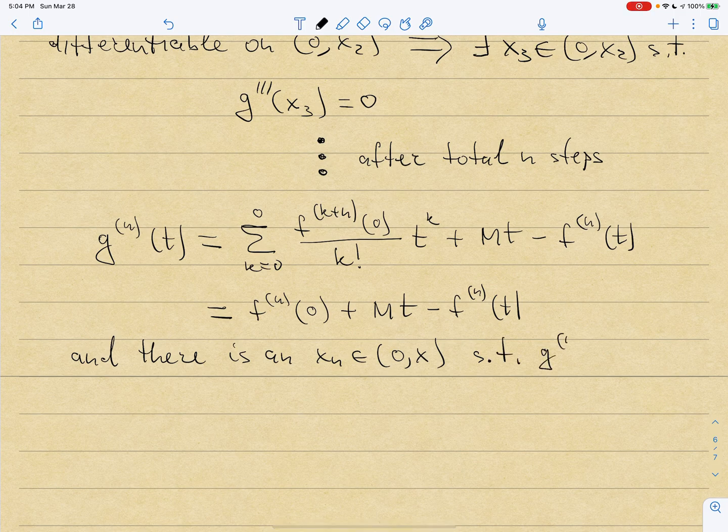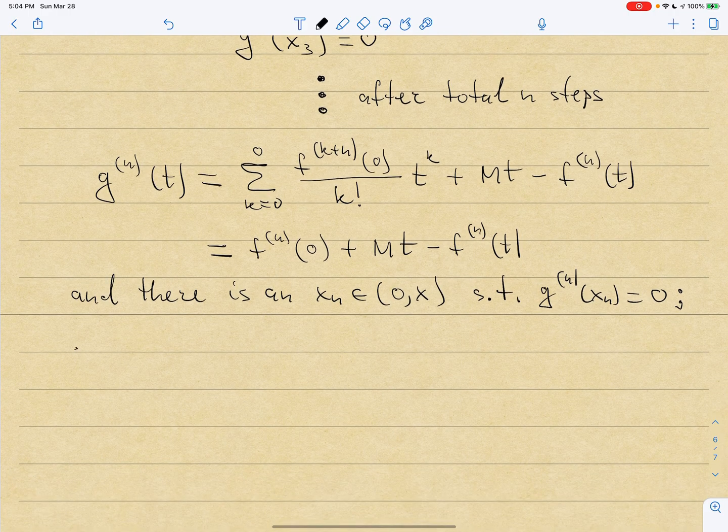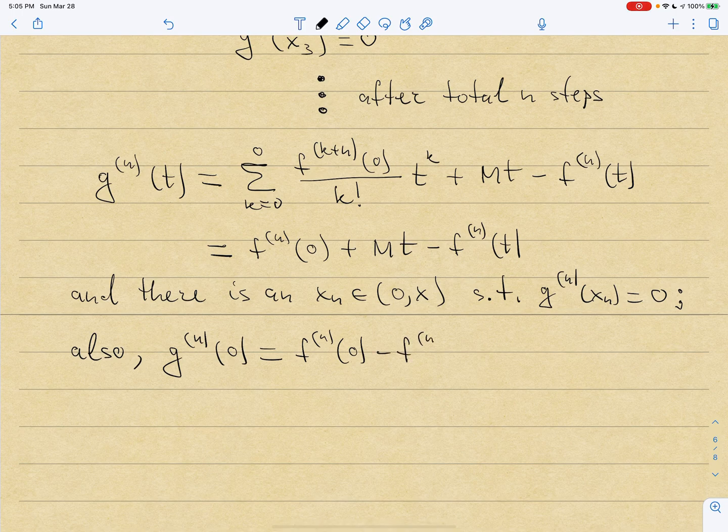g_n(x_n) is equal to 0, right? All right, but also if I compute now g_n at 0, then it's clear from here that that is f^(n)(0) plus mt at t equal to 0, that is 0, minus f^(n)(0), so this is again 0.